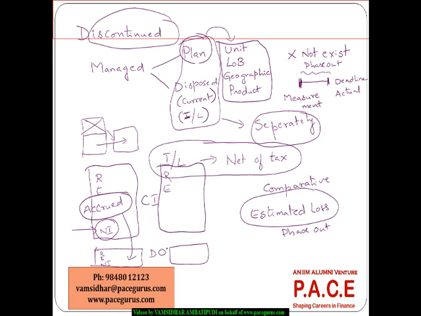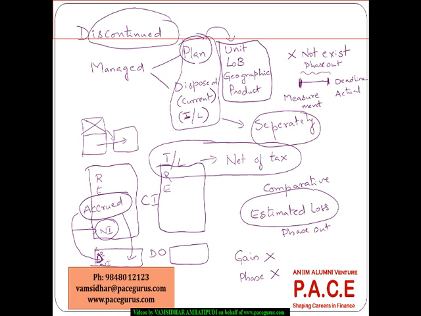But in case there is an expectation of a gain, do not consider the gain until the real phase out happens. If there is a loss, show the estimated loss on the measurement date itself, not at the end of the actual date of phase out.